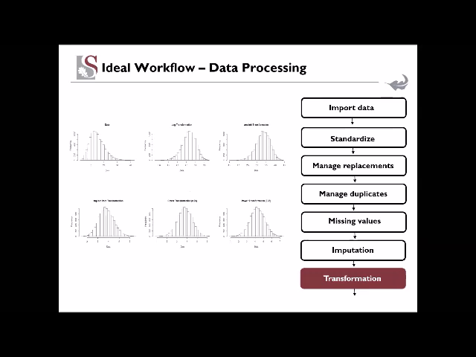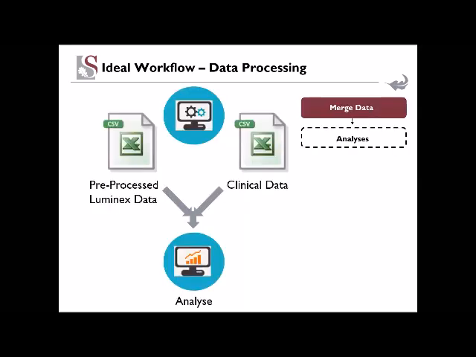Furthermore, asymmetrically distributed data is then transformed to obtain similar distributions prior to analysis by making use of different transformation techniques such as log transformation, arcsinh transformation, square root transformation, and power transformation. And lastly, the pre-processed Luminex data is then merged with the clinical data and analyzed.